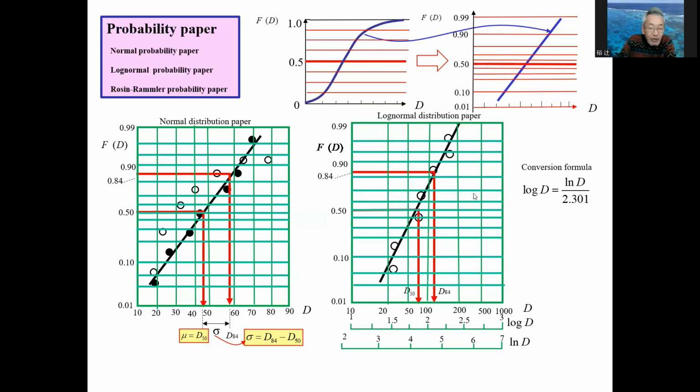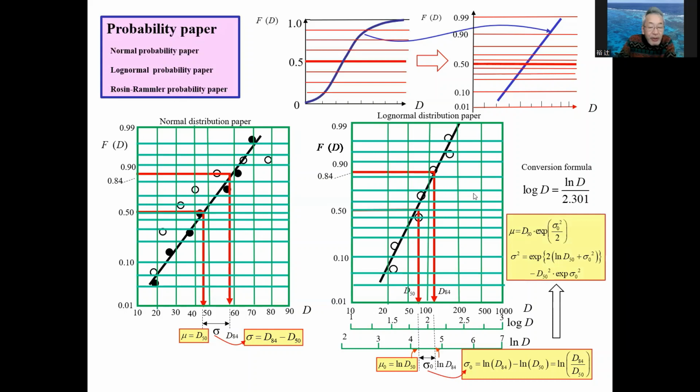D50 and D84 are obtained from the correspondence between the vertical axis and the logarithmic scale of the horizontal axis. The log mean size mu 0 is given by log D50. The log standard deviation sigma 0 is obtained by the difference between log D84 and log D50 as shown under the graph.